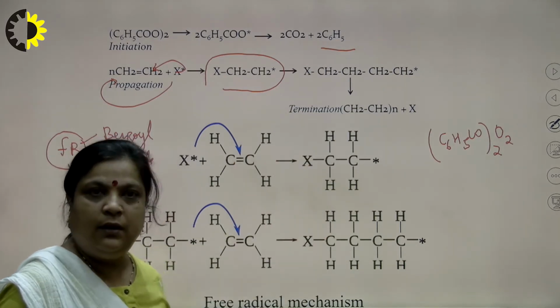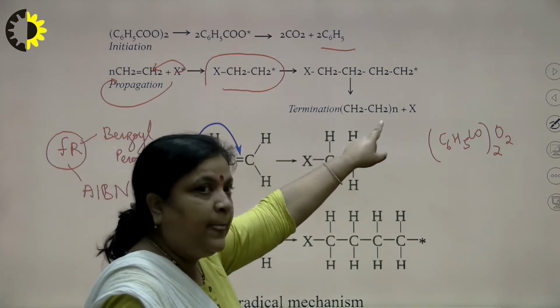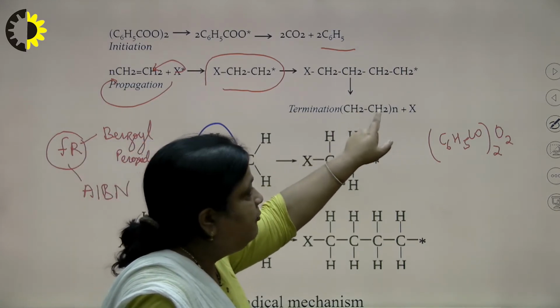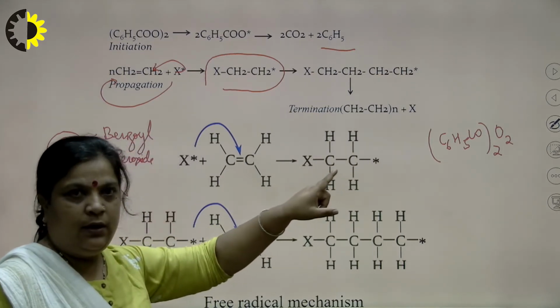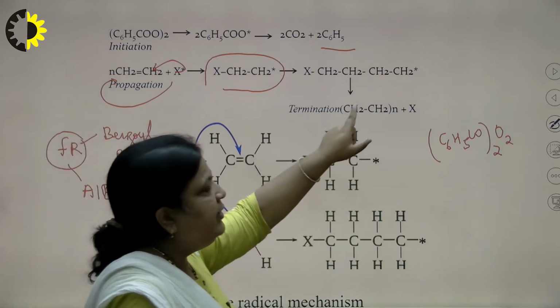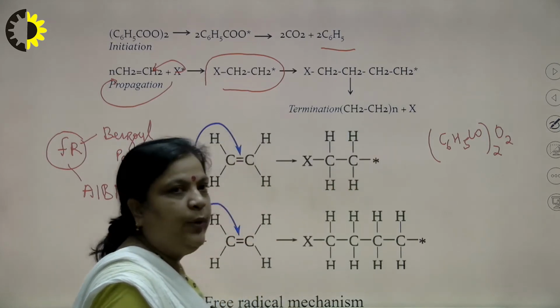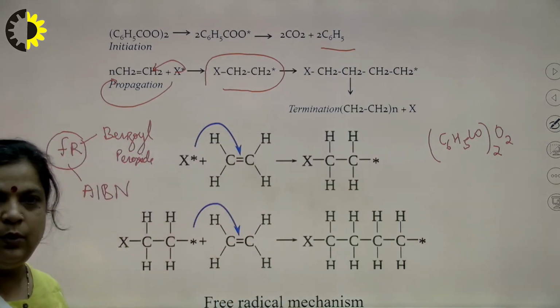So N may vary, and that is why it is very difficult to predict the exact molecular weight. To avoid this, we take the average molecular weight instead of the exact molecular weight.